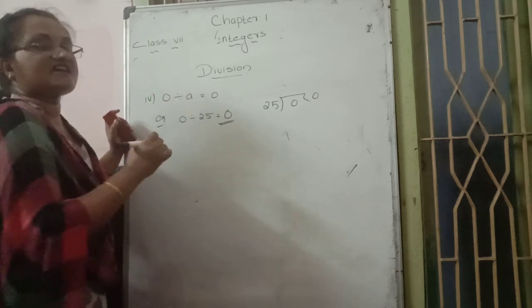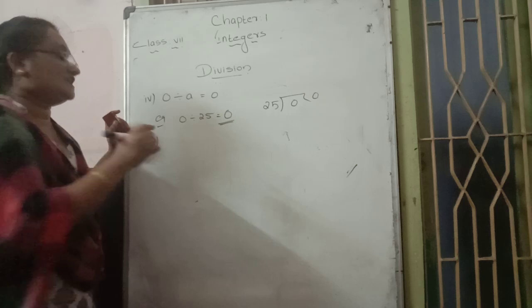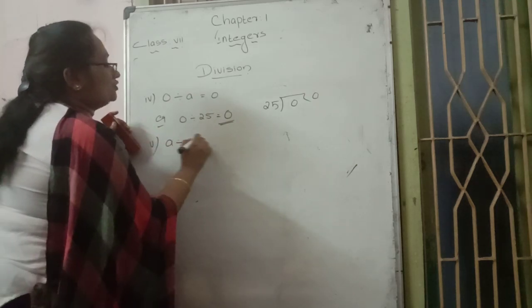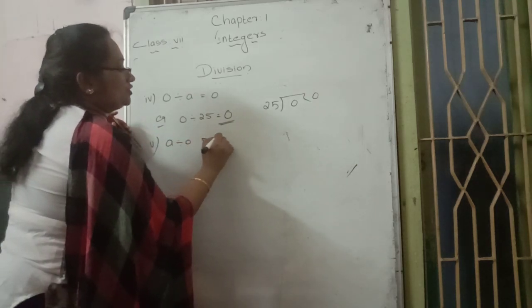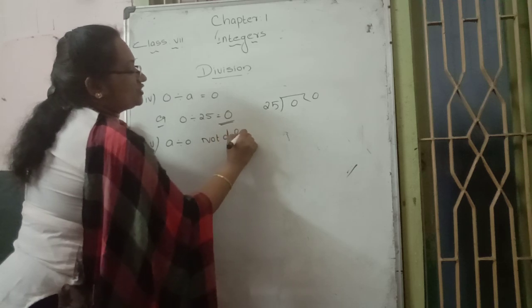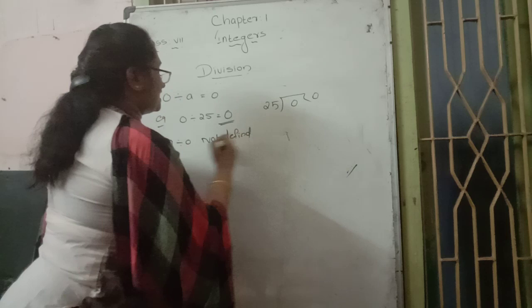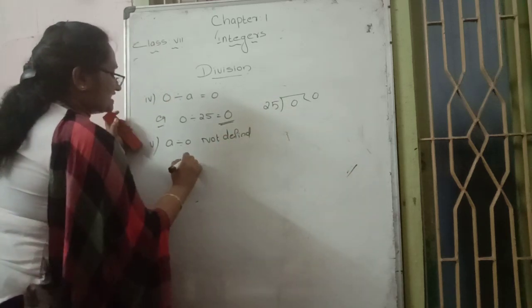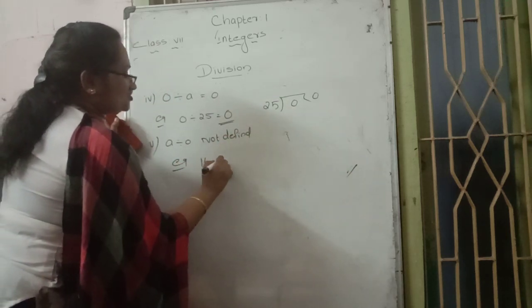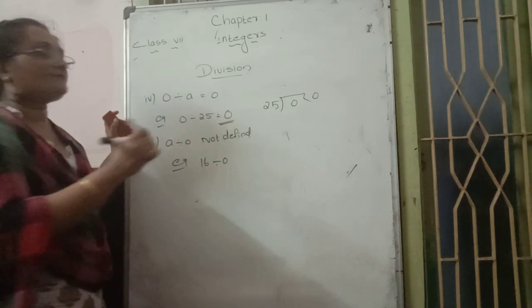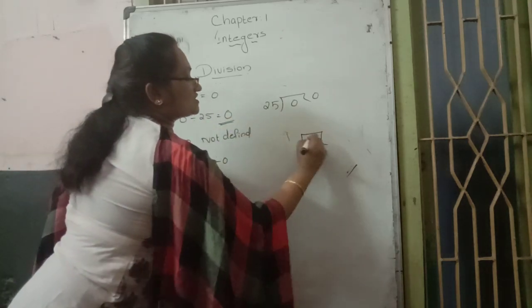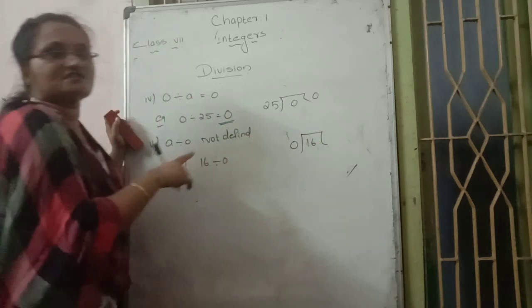The fifth rule says that any number divided by 0 is not defined. Example, 16 divided by 0: 16 keep inside the box, 0 keep outside the box.